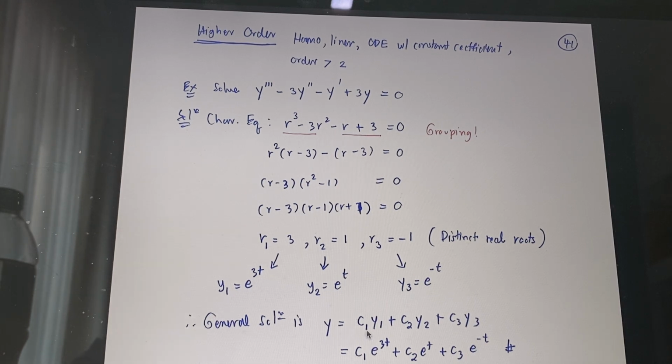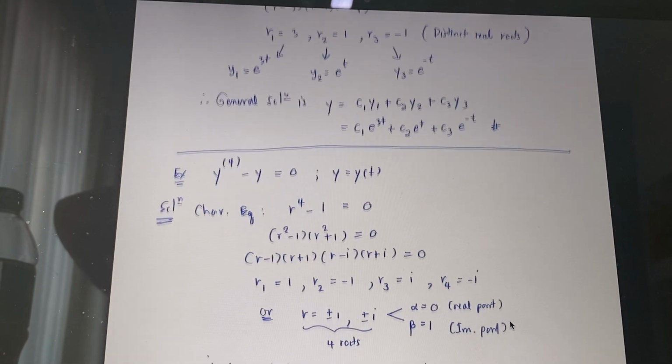So y equal to c1y1 plus c2y2 plus c3y3, which is equal to c1 e to the 3t plus c2 e to the t plus c3 e to the negative t. See, it's not that bad, right? So this case is for the third derivative. Okay, let's see the next example.